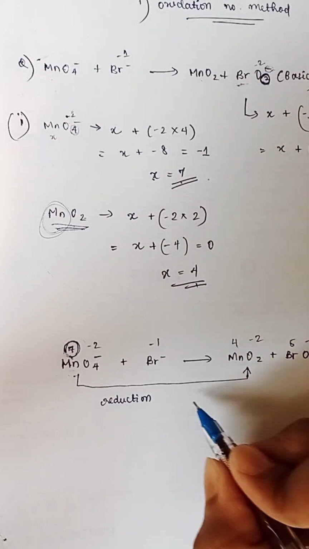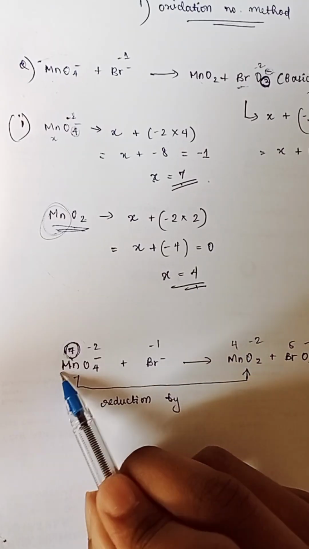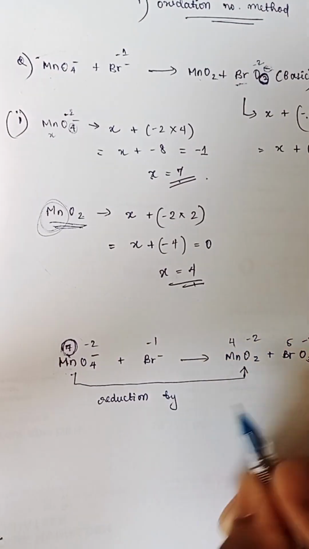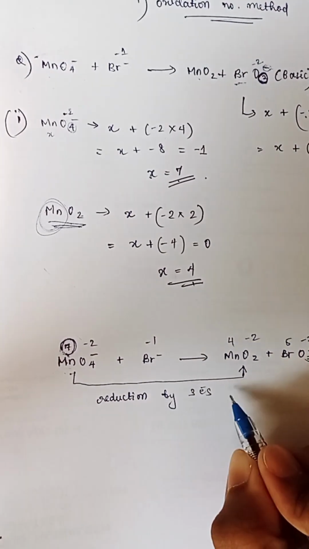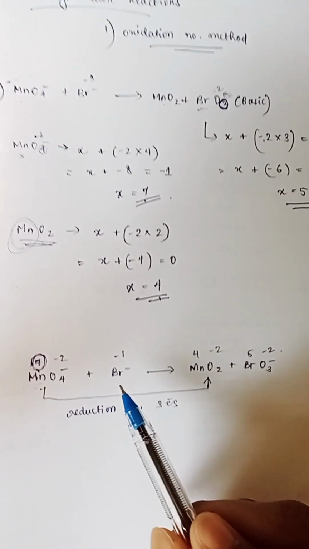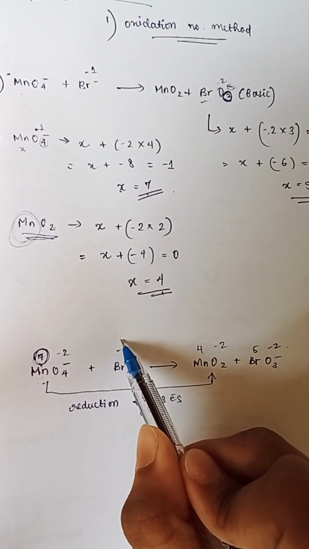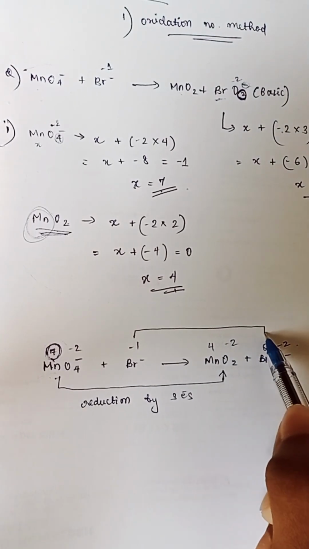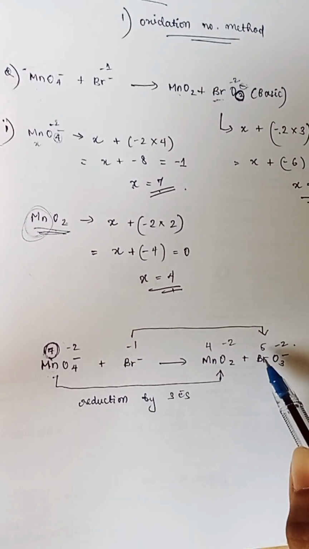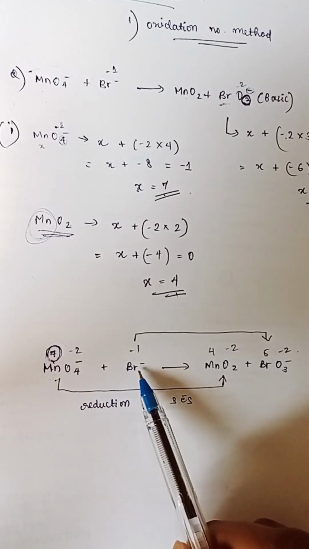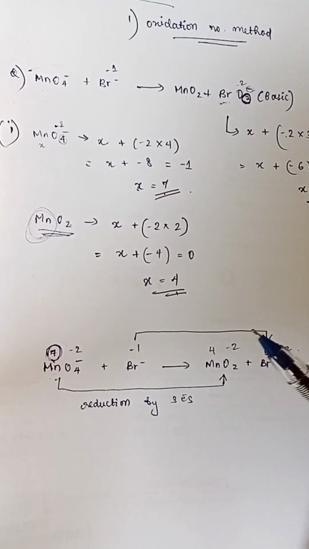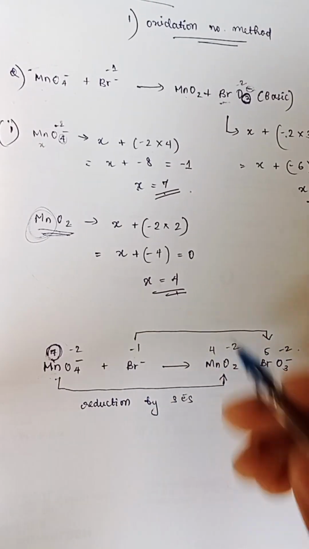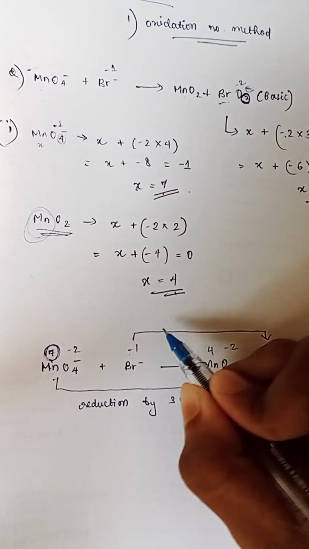So reduction by how many electrons? 7 minus 4, 3 electrons. And likewise, let's check for Br. Again here, the oxidation number of Br is minus 1. Over here, it is 5. So the oxidation number increases by how many electrons? 6 electrons. See, minus 1 to 5, that is 6 electrons.